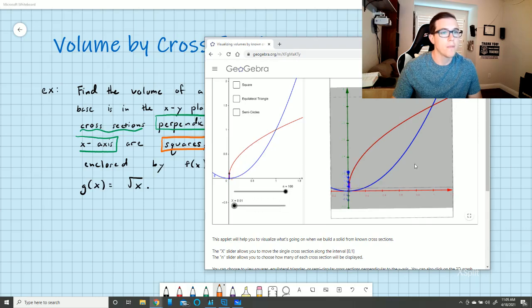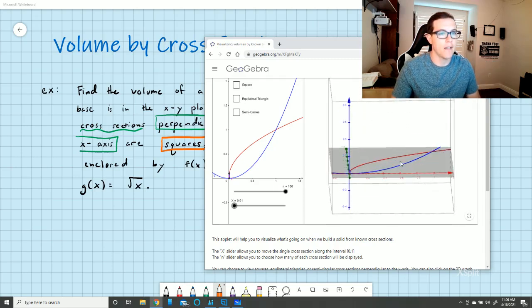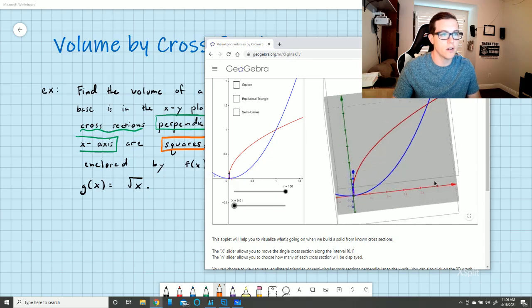The idea is this shaded area, the enclosed area, is going to be laid flat like this. So think about it laying flat, and popping up at you are going to be little shapes. In this case, they're going to be squares, which I'll show you in a second. In other cases, they can be triangles, they can be semicircles. We'll get into all that.